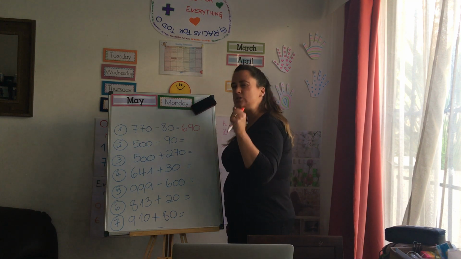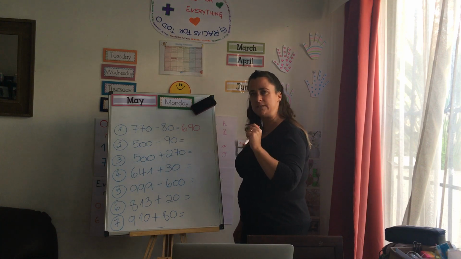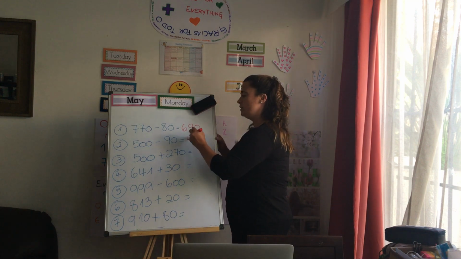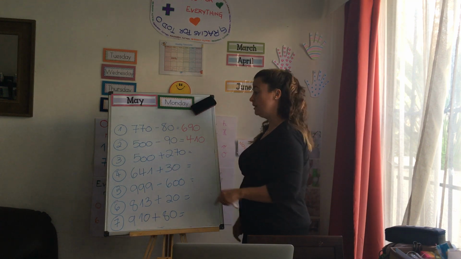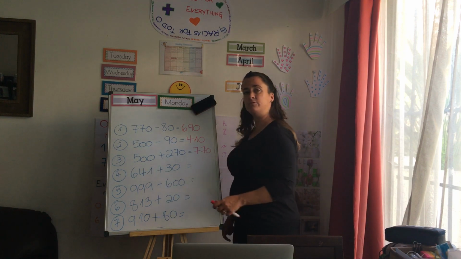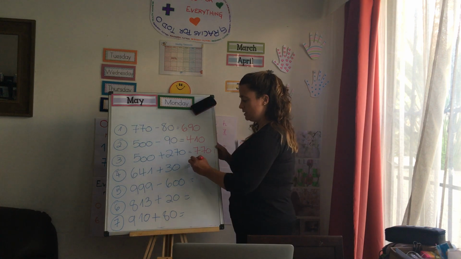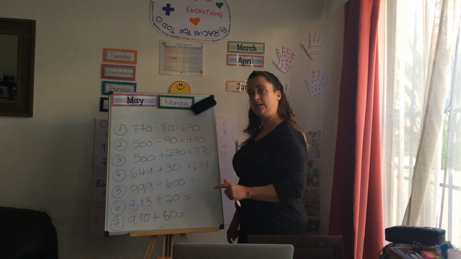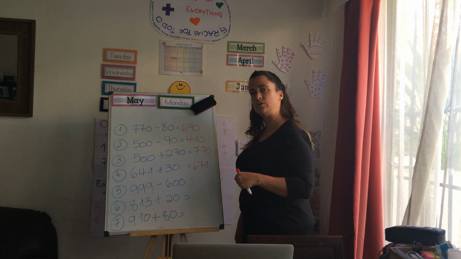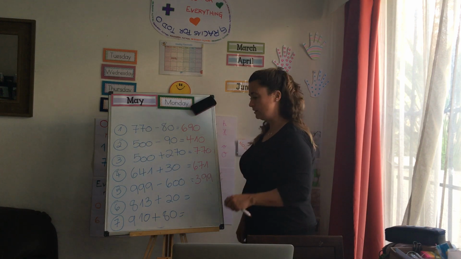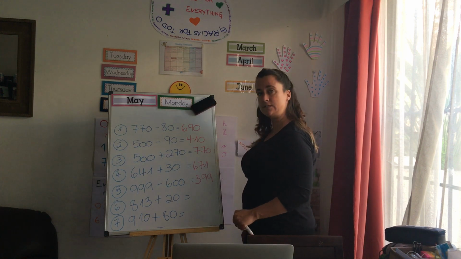Each time, just a tiny bit. 500 minus 90. 410. 500 plus 270. 770. 641 plus 30. 671. 999 minus 600. Good one. 399. 813 plus 20.